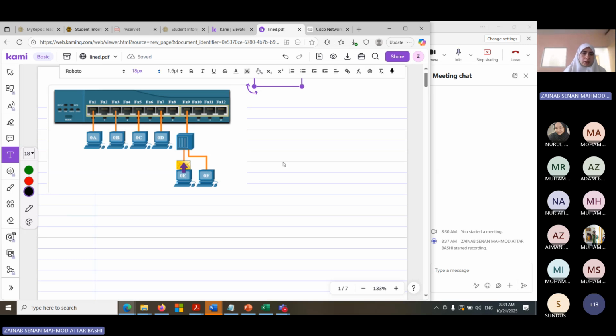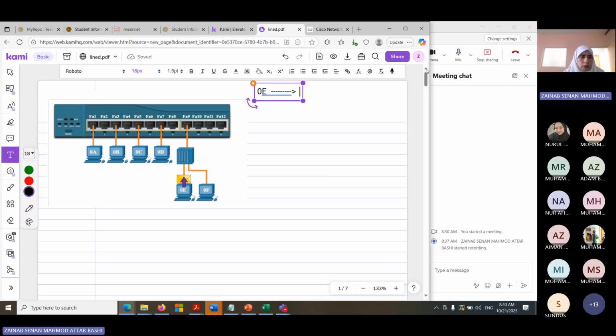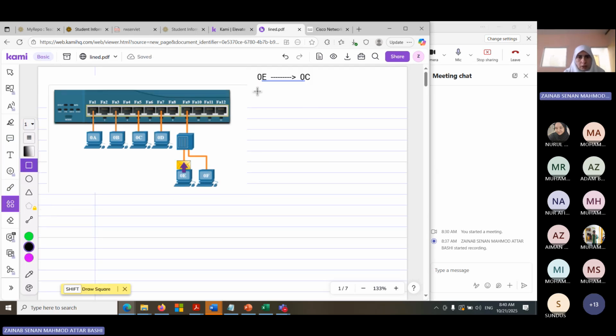So let's assume here that one device, which has MAC address 0E, I don't know why no one answered the name of the protocol. I'll assume that you remember it. It's the Address Resolution Protocol, ARP. Now, let's say this 0E wants to contact or talk to a device with the MAC address 0C. Inside the frame it sent, we will have a few pieces of information stated there.